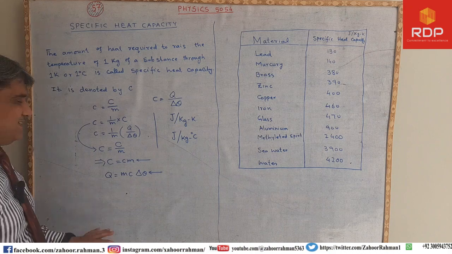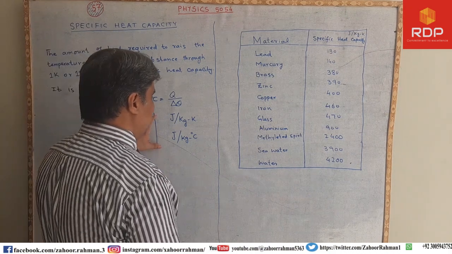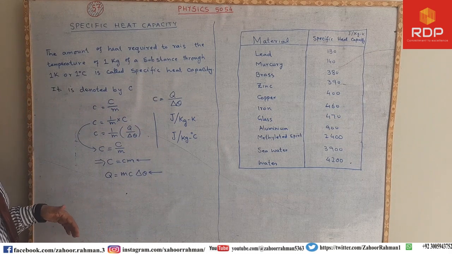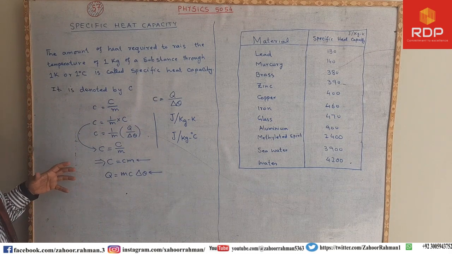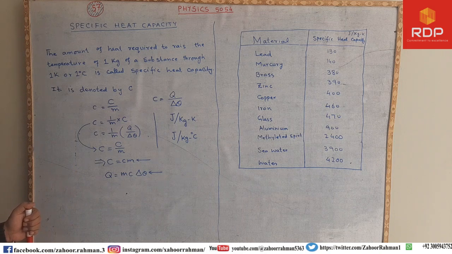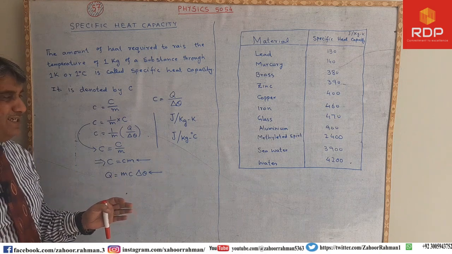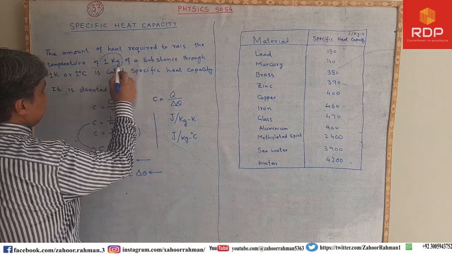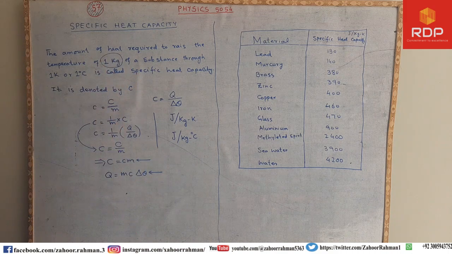So ladies and gentlemen, think on it, that if the question is coming that what are the differences between heat capacity and specific heat capacity, one is this thing. This is not available in the heat capacity. It is only available in the specific heat capacity.